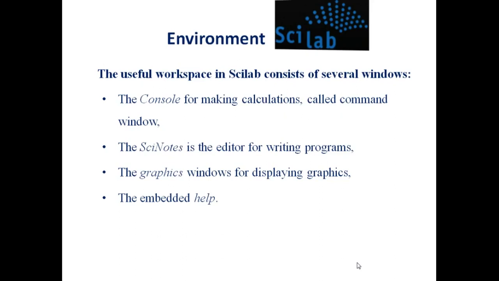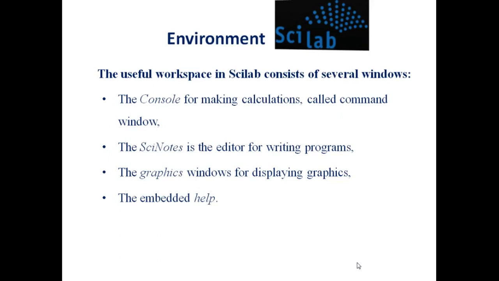There is a separate graphics window for displaying graphics. The graphics window automatically opens when making any plot. There is also an embedded help window that we will see later.